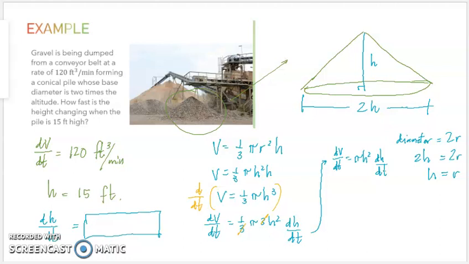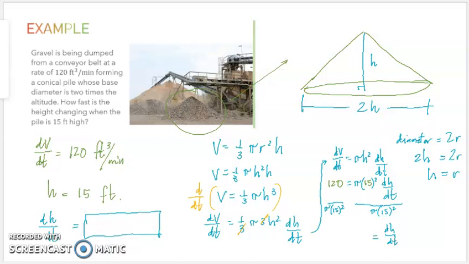And let's plug in the data that we have. dV/dt is 120, and then equals pi, we have an h, and we're looking for dh/dt. So h is 15. So if we just divide both sides by pi 15 squared, then we can get our dh/dt already.